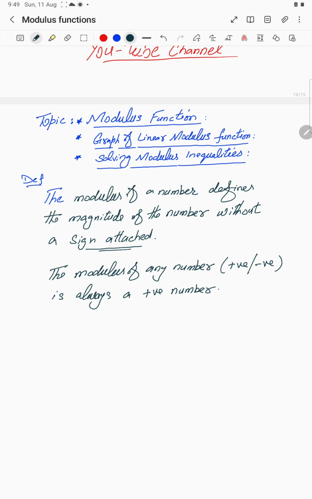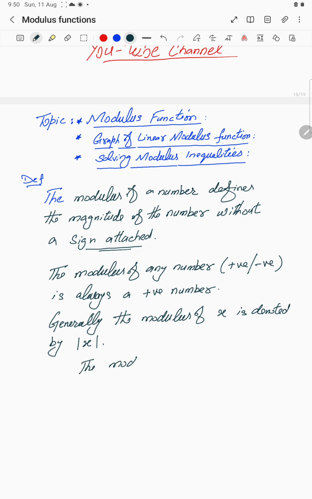For example, generally the modulus of x, where x is any number, is denoted by mod x, and the modulus of a number is also called the absolute value, because it will always be positive.